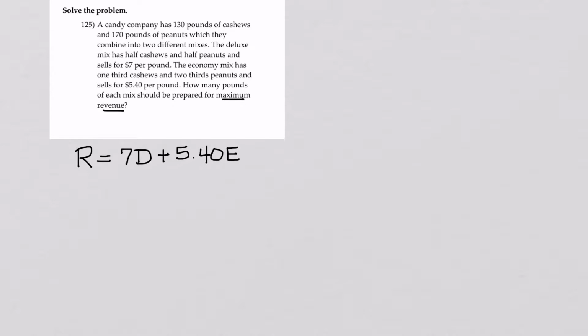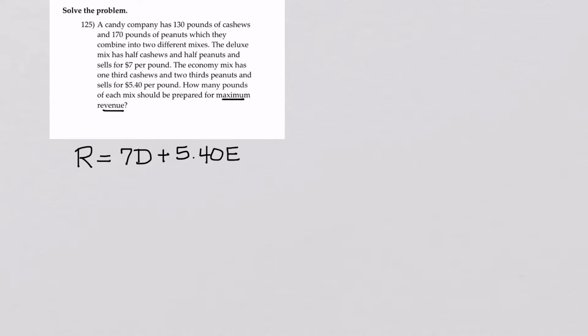Now what I'm going to do next is look at how much I have in terms of cashews and how much I have in terms of peanuts. So we know that when we make the deluxe mix, half of it is made up of cashews and half of peanuts.